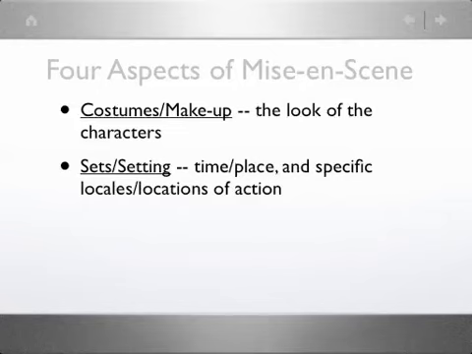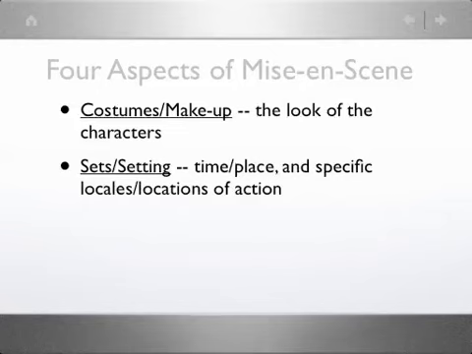If a film is taking place in the present day of when the movie was made, then the costumes and makeup are going to represent that particular time period. So, setting is the time and place in which the movie occurs. Sets are more specific locales or locations in which the action takes place.